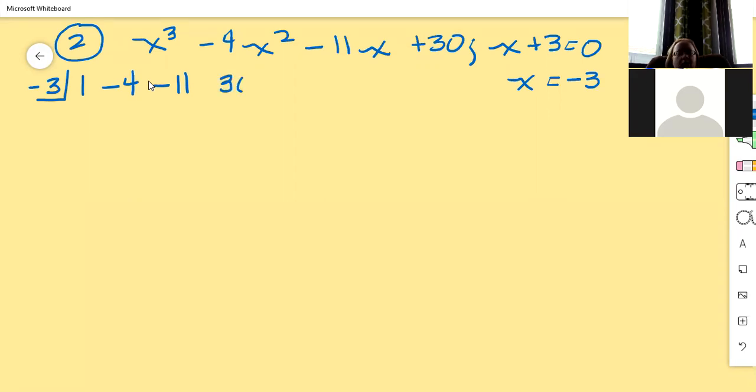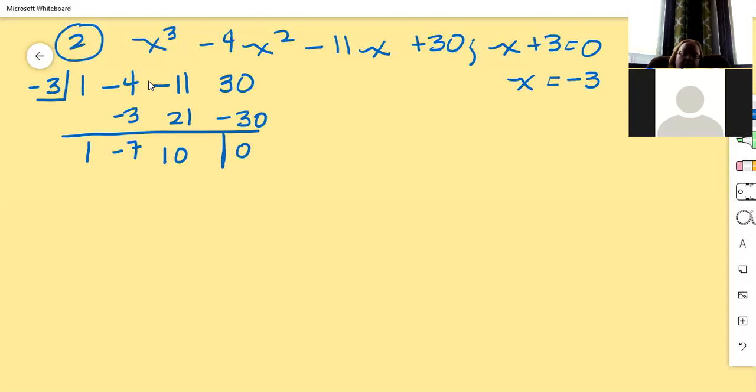Yep, good job. Then I bring down the 1, so I got -3, 10, and then -7, 21, 10, -30. 0. And I usually draw a box here so then I can distinguish what the trinomial is.